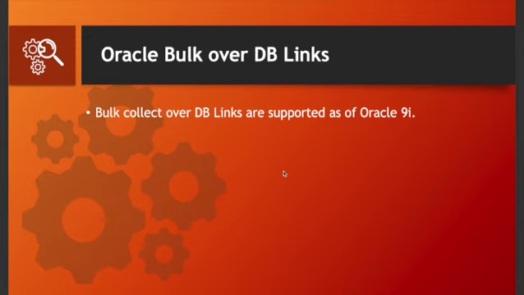When you have data of 100,000 or 700,000 rows or something like this, it will show a big difference, definitely. One more important thing is that bulk collect over database links is supported as of Oracle 9i. Before that it was not supported.